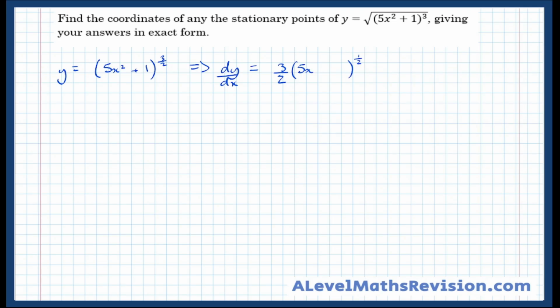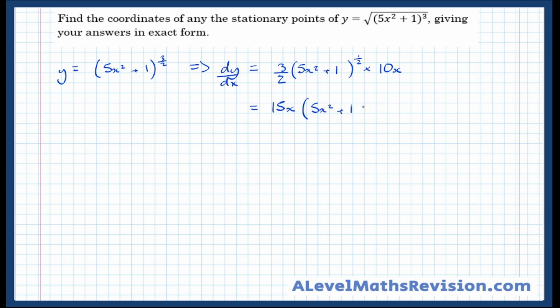Then we look inside the bracket, say it was 5x squared plus 1, and multiply by the differential of that bracket, which in this case, the differential of 5x squared plus 1 is 10x. So that's equal to, so 3 over 2 times 10x, well that's 30 over 2x, or 15x.